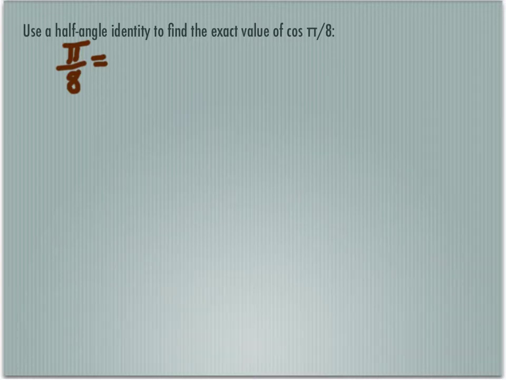So 180 divided by 8 is 22.5 degrees. Now there's nothing on my circle chart that's 22.5 degrees, but keep in mind when I do the half angle identities, I'm really looking for an angle that is double this. In other words, this 22.5 is half of a nicer angle.